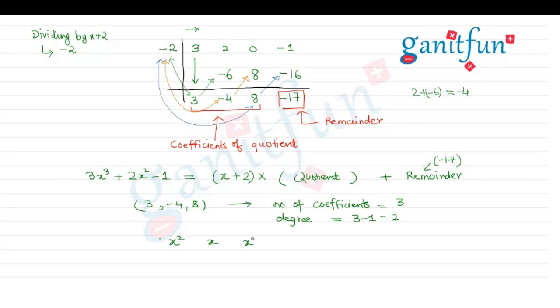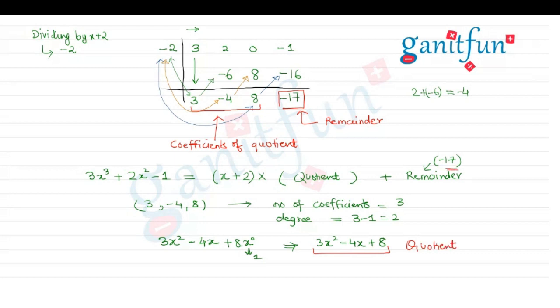So we write the coefficients along with that: 3x square, minus 4x, plus 8 into x power 0. Now x power 0 is nothing but 1. So basically the quotient is 3x square minus 4x plus 8, and this is your remainder.